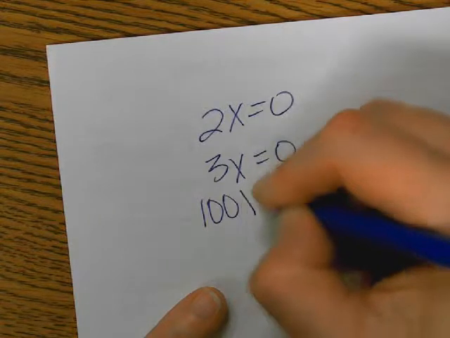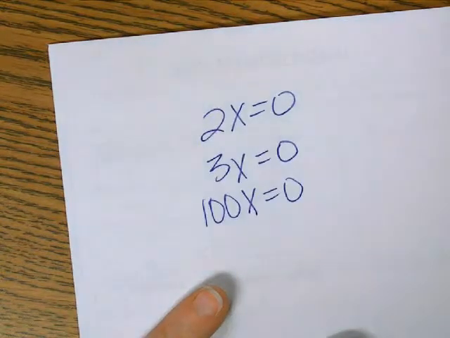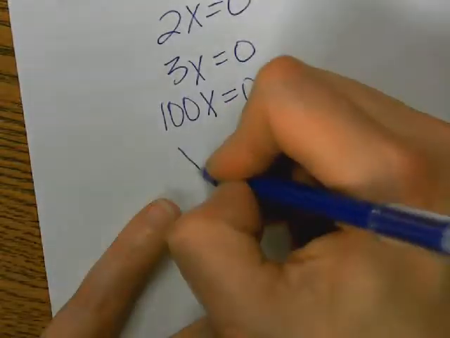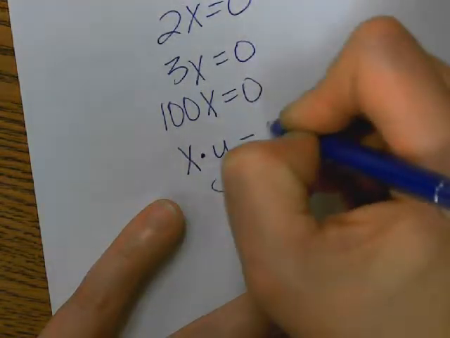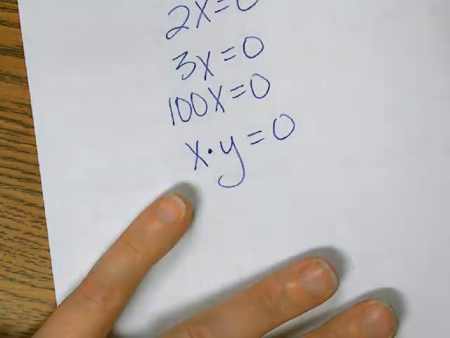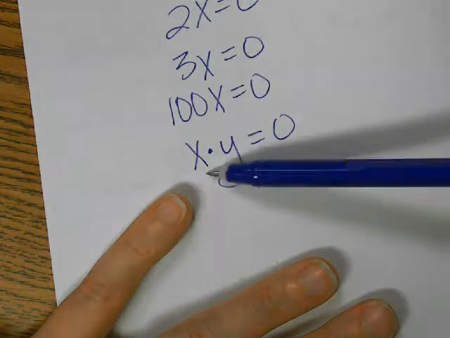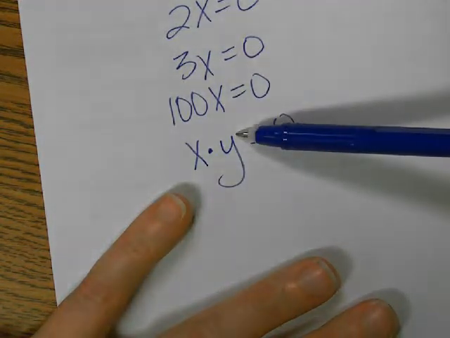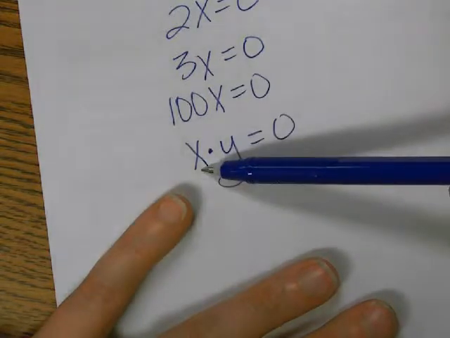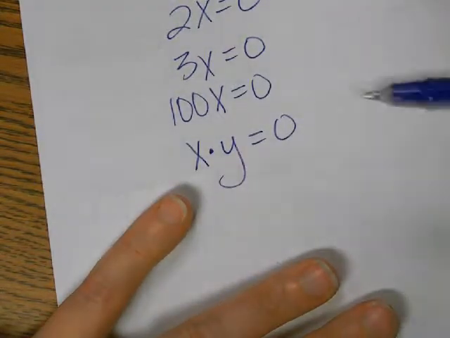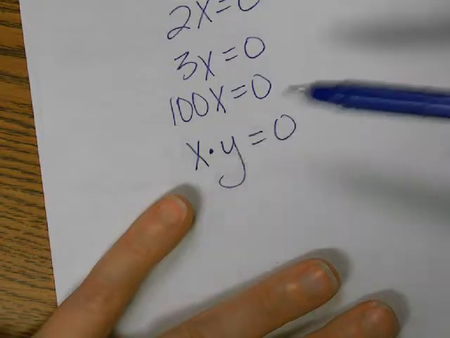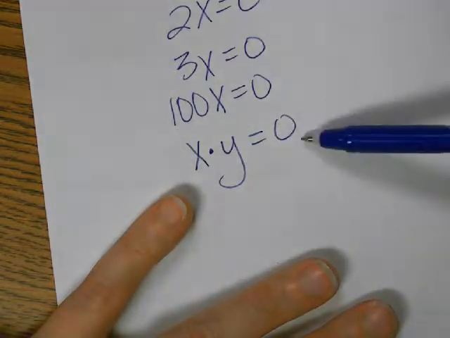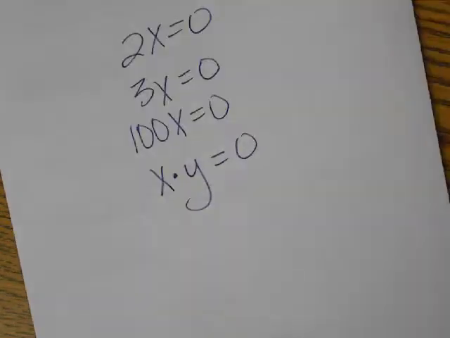If I said 100x equals 0, x would have to be 0. If I said x times y is 0, well then I'm saying that one of these two numbers has to be 0. Y could be 0, or x could be 0. Or I could say that both x and y are 0, because 0 times 0 is 0.